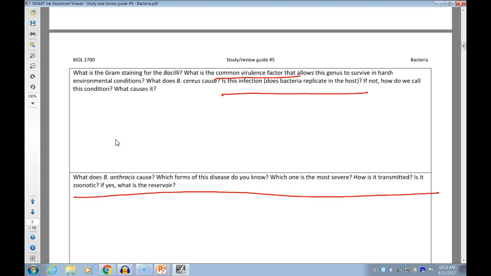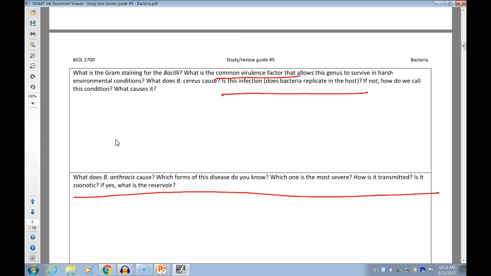Bacillus anthracis, self-explanatory. Believe me, I'm not going to ask you what Bacillus anthracis causes, because it's going to cause anthrax and you can answer it right off the bat based on the name of the bug. So don't expect it to be there, okay? Forms: respiratory form, cutaneous form, intestinal form. Therefore, transmission: respiratory, contact, and oral.